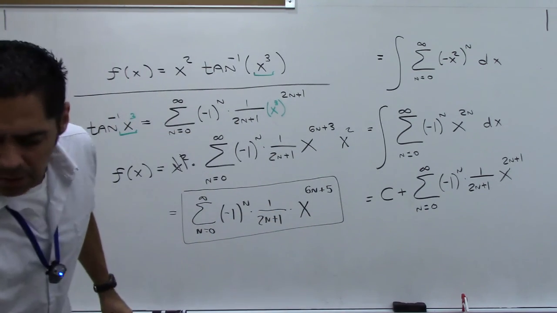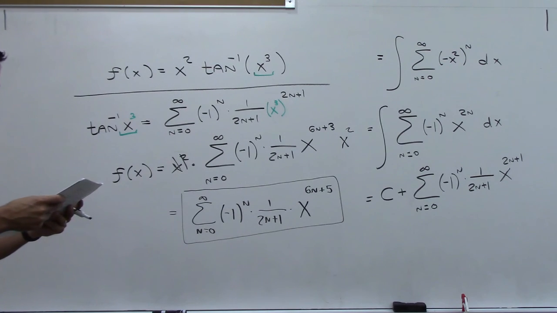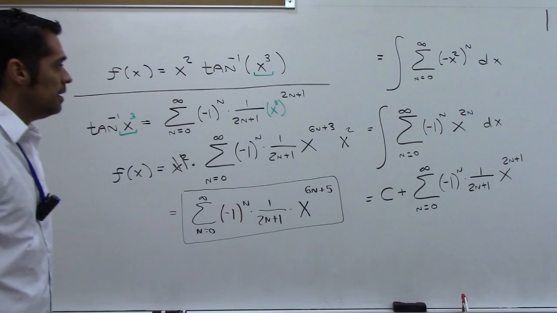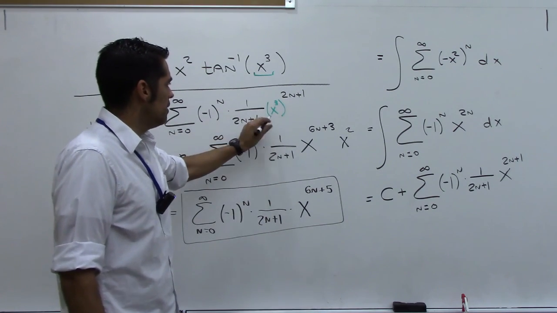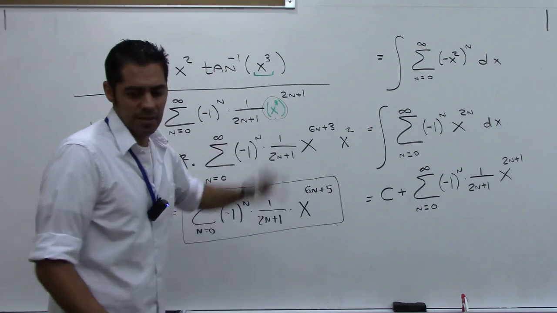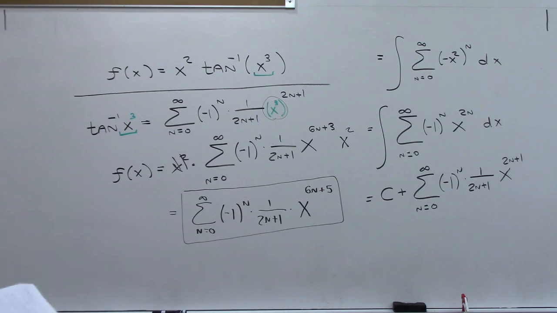All right, so that should be your power series. Now you have to find the radius of convergence, so all you have to do is take this right here, absolute value of that less than 1. So I'll let you do that yourself.